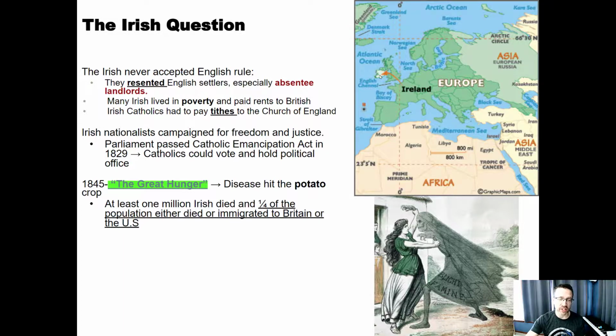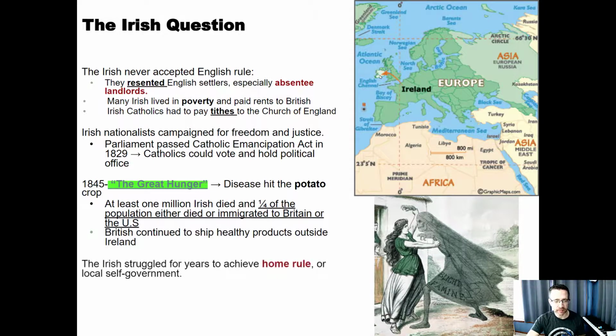And at least 1 million Irish died, and a quarter of the population either died or immigrated to Britain or the U.S. And we see that today. That's when most Irish came over, during this period that was kicked off by the potato famine. And sadly, the British continued to ship healthy agricultural products out of the country, even though people were starving.